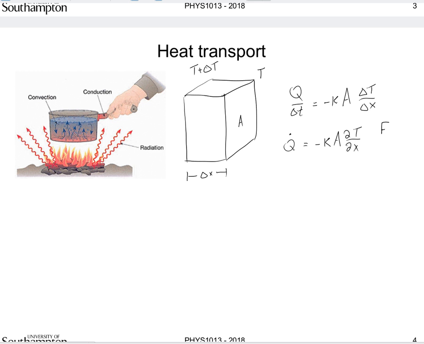And by the way, this is called Fourier's law. Kappa is called the thermal conductivity.